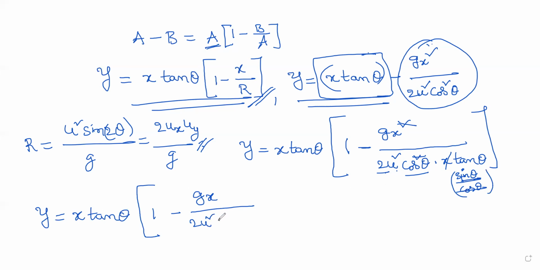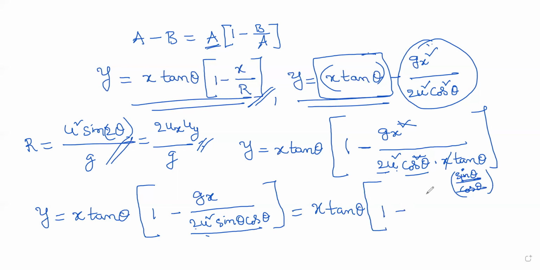So I'm left with 2 u square sin theta cos theta in the denominator. Right. So what is this part? That is 2 sin theta cos theta is sin 2 theta. So you are seeing this equation here very well. So that is x tan theta multiplied by 1 minus, you have g x by u square sin 2 theta.